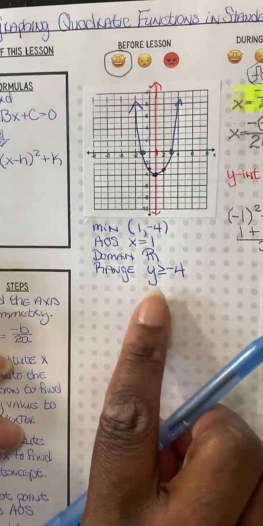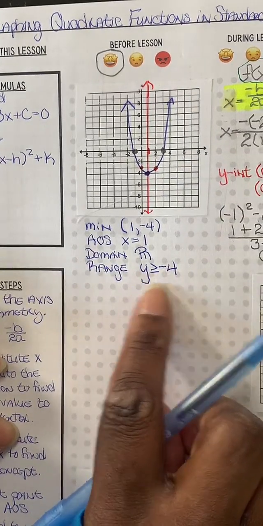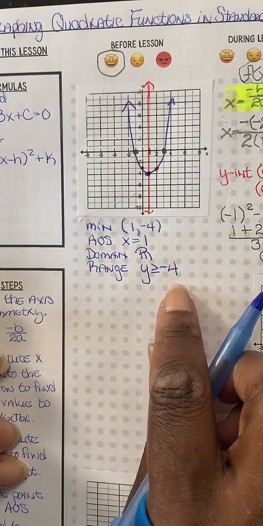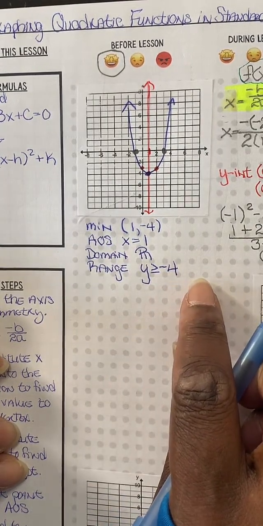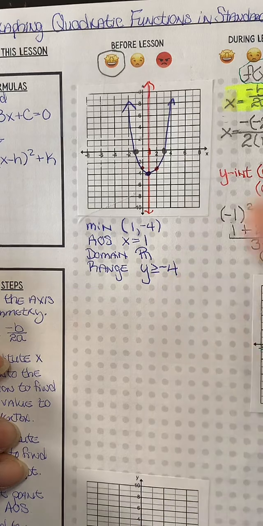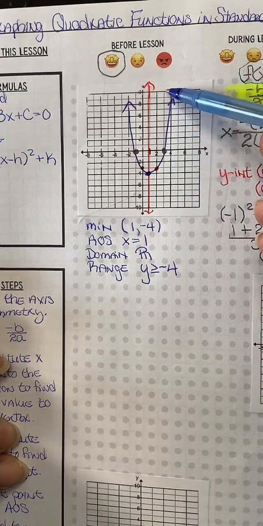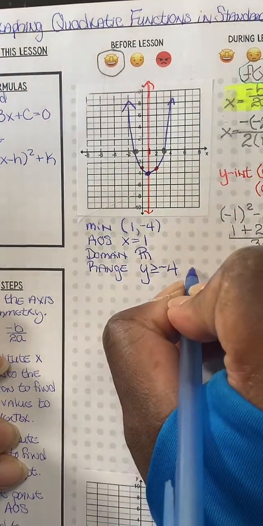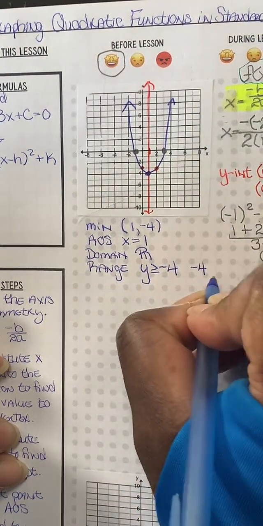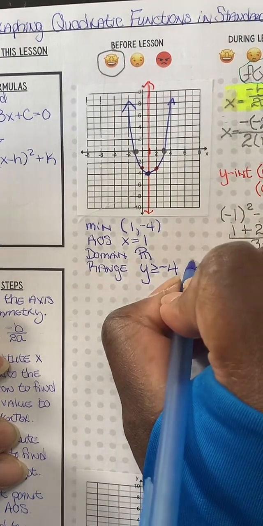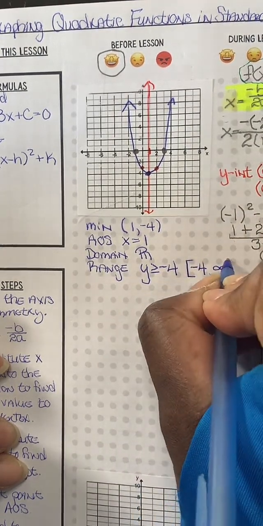So if I were to convert this information, remember, if you're doing the interval notation, your lowest number always comes first. So I'm looking at -4 all the way up to positive infinity. So my lowest number is going to be -4, and it is going to go to positive infinity, but it's including -4.